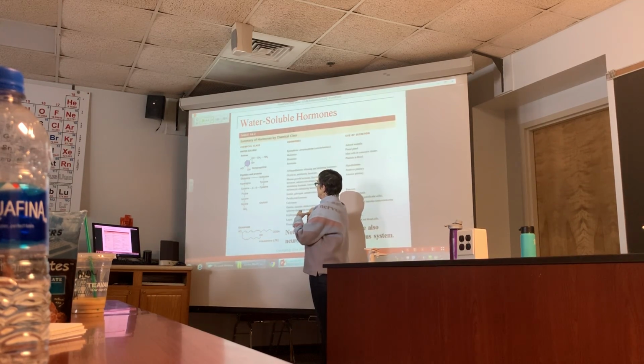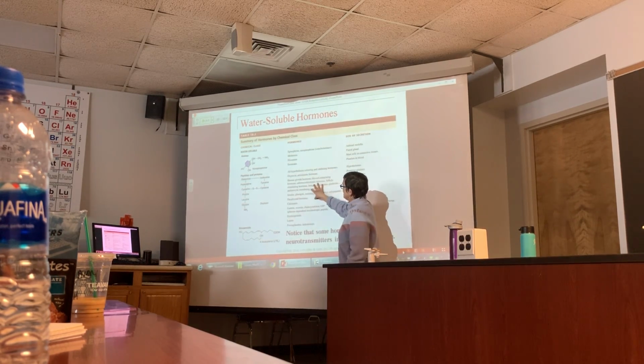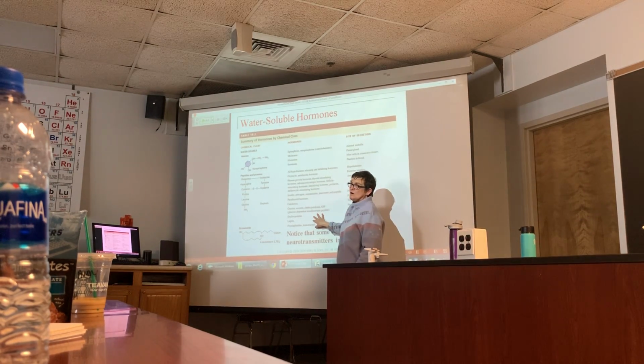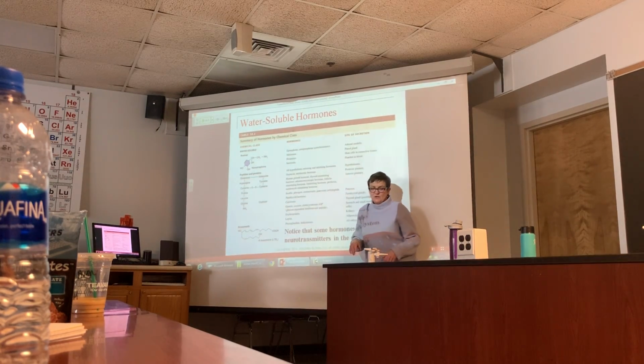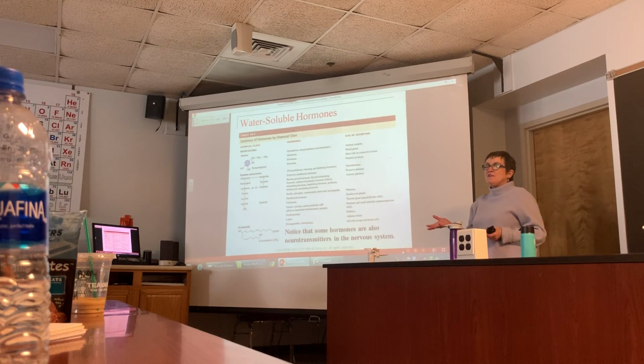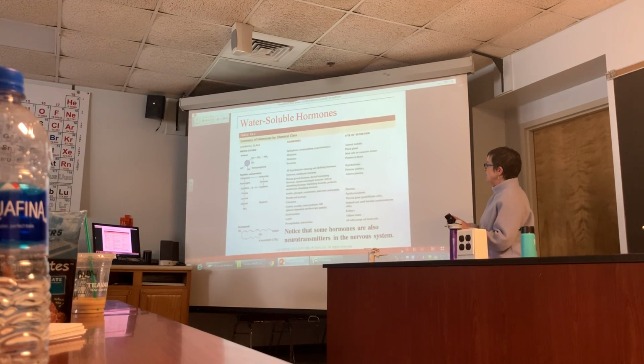So they don't have to be carried by a protein transporter. You can see some examples here. Lots of hormones are water soluble and just released into the bloodstream. You don't have to memorize all those different types of water-soluble hormones, but anything that's water soluble doesn't need a protein transporter.